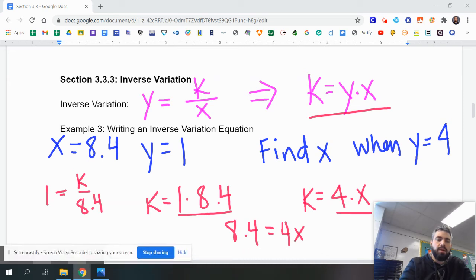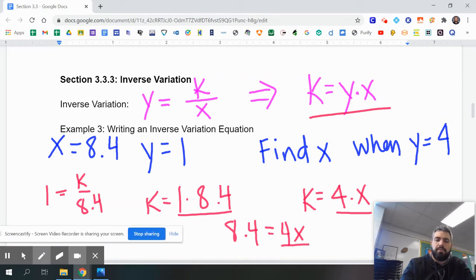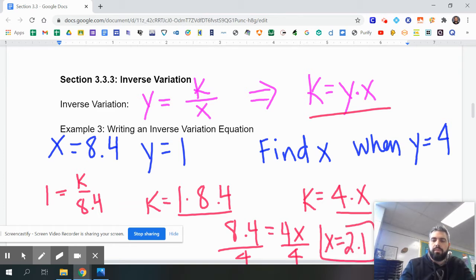Now, how would we solve a problem like this? Well, we're going to divide by 4, divide by 4, and we find out that X is equal to 2.1. Which makes sense when you think about it, because since Y is going from 1 to 4, it's increasing times 4. So X is going to have to be a quarter of it, or 1/4 of it, right?